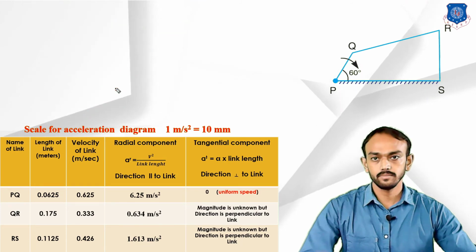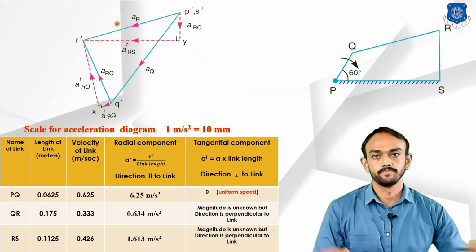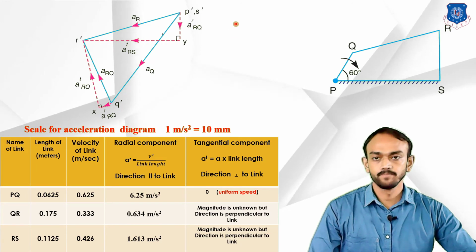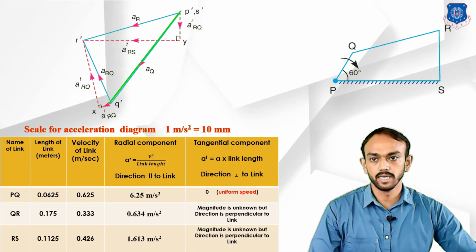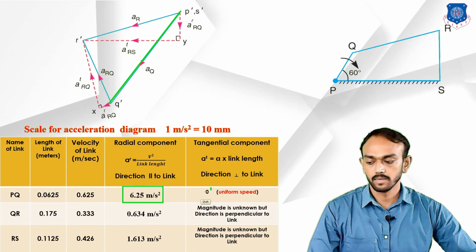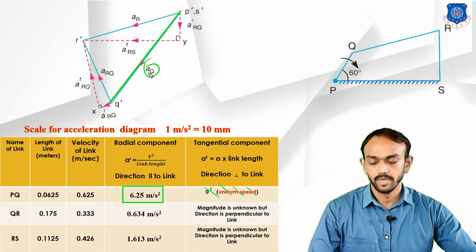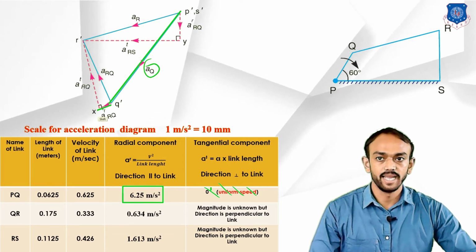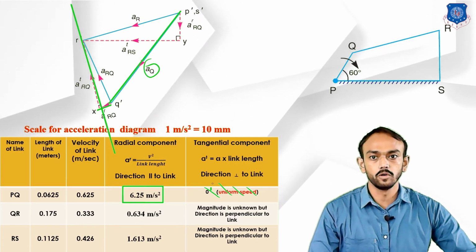Let's check this figure. I will quickly revise what we have done here. How can we draw this? First make this radial component from the given data. There is no other tangential component, so this will be the final acceleration. Now we draw the radial component and then the tangential component of extra length, because we don't know the magnitude.